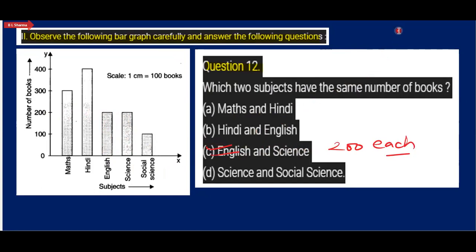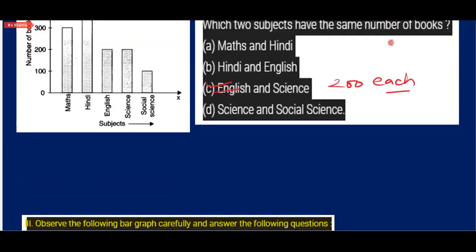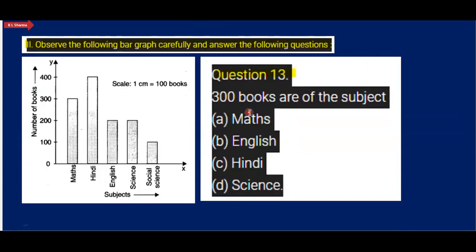For the same bar graph, we move on to the question number 13. Read the question carefully. This is question number 13 on your screen. 300 books are of the subject.